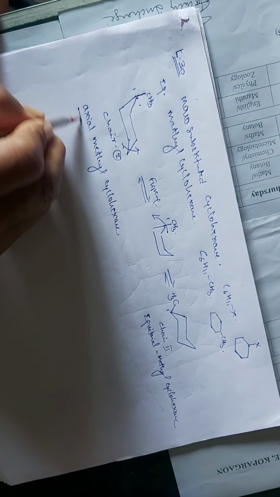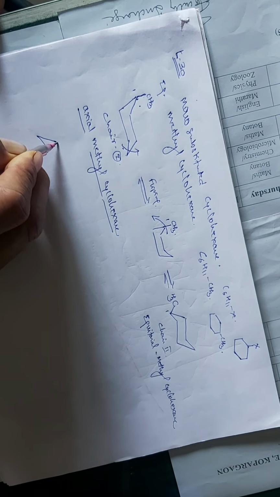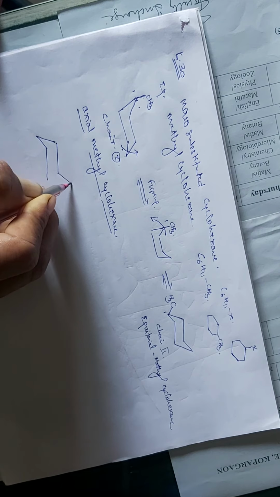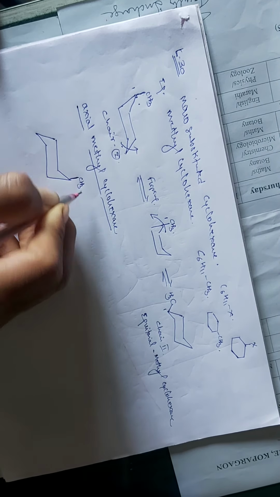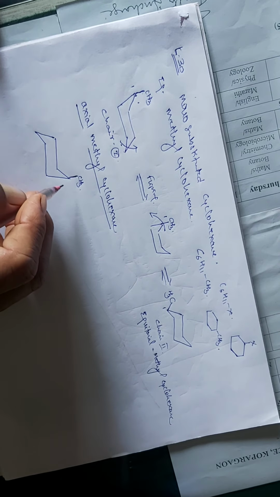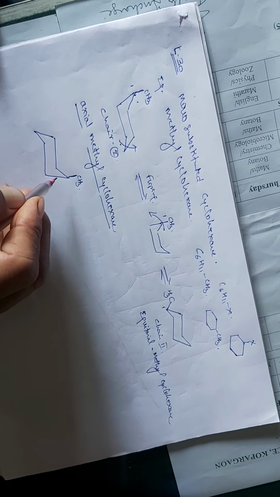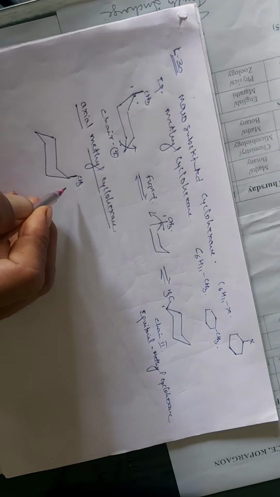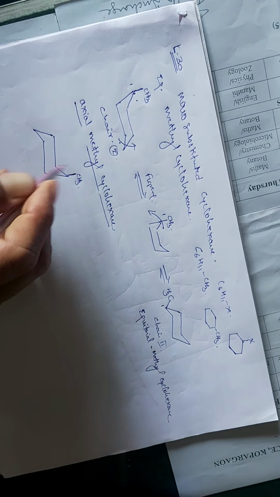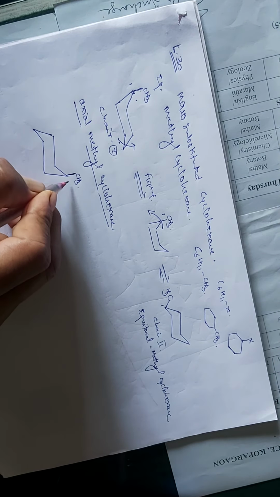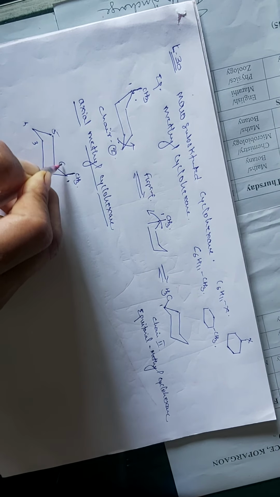For axial methyl cyclohexane, if we draw the structure in this way, suppose this methyl group is above the plane, and we have seen that the hydrogen atoms are of two types, that is 6 are axial and 6 are equatorial, and out of the 6 axial, 3 are pointing upwards and 3 are pointing downwards. So this is 1, 2, 3, 4, 5 and this 6.